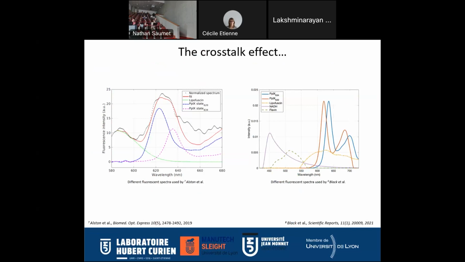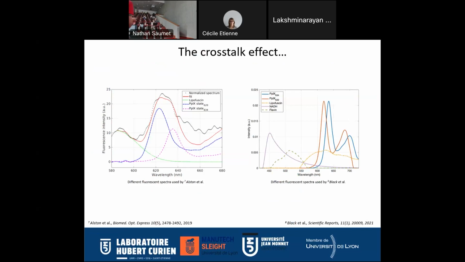And the same fluorophore in the article related to the right graph is plotted here in yellow, according to the yellow curve. But if you consider the spectral shape of the right article or the left one, you will have an impact on the quantification of the two forms of the protoporphyrin 9 we are looking at.